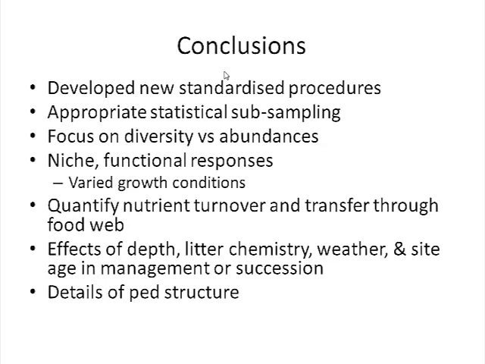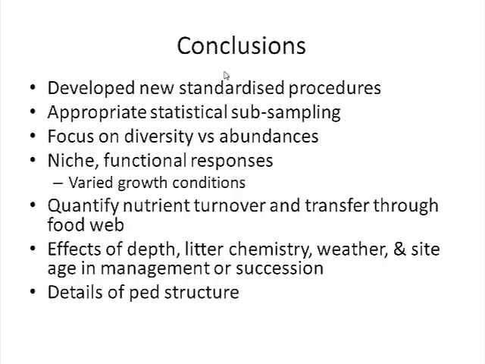So I'm going to wrap up here so we have time for questions. I have a very brief set of conclusions. We worked on new standardized procedures, and we described appropriate statistical subsampling procedures so that we can actually have numbers that were useful.